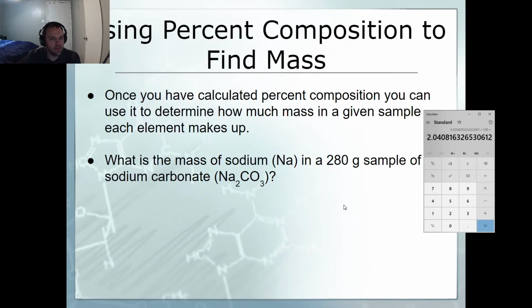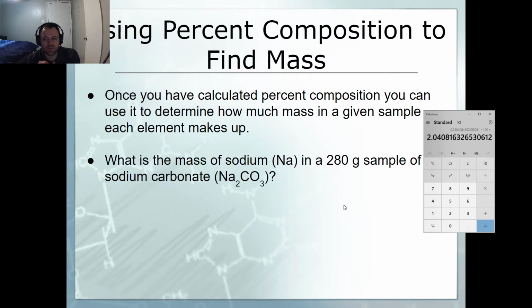Okay. There's one more thing we can do with it though, which is using percent composition to find the actual physical mass of an element. All right. So you might see a question that looks like this, where it says, what is the mass of sodium in a 280 gram sample of sodium carbonate? All right.